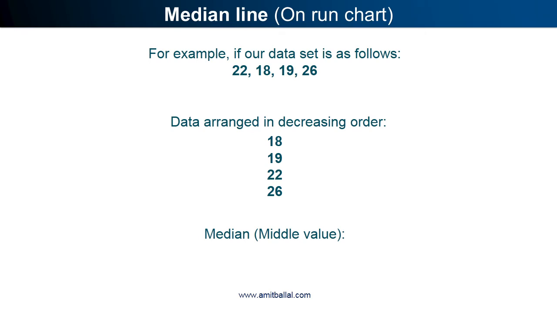To find it out, we will have to take average of two middle values, that is, 19 and 22 in this case. So, the average would be 19 plus 22 divided by 2. Total of 19 and 22 is 41, hence 41 by 2 is equal to 20.5. So, our median is 20.5.